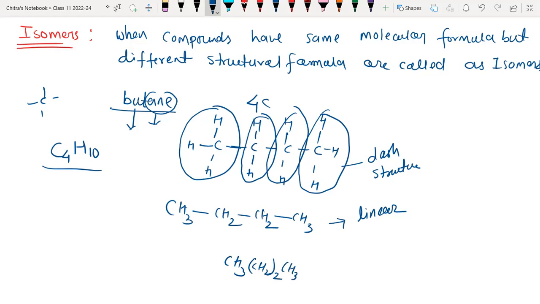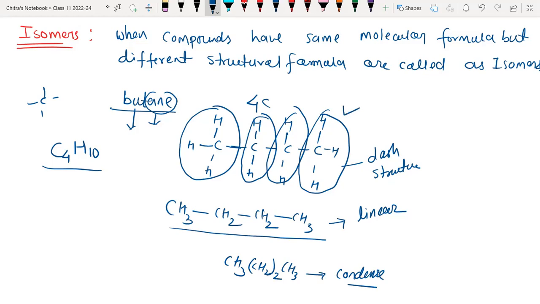That's the way of representing it. This is the condensed one, and this is the linear structure. In the first one we have used all the dashes. That's why it is called the dash structure.